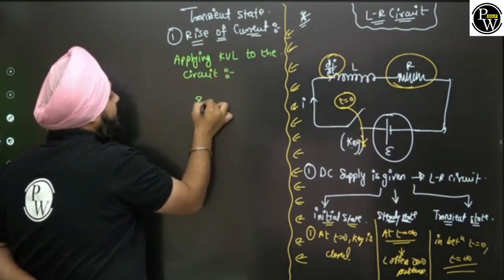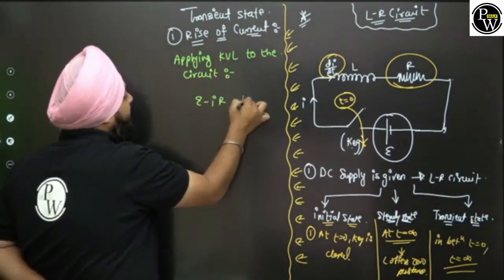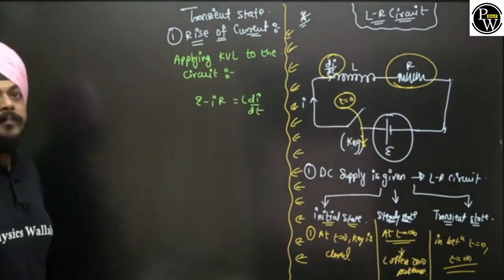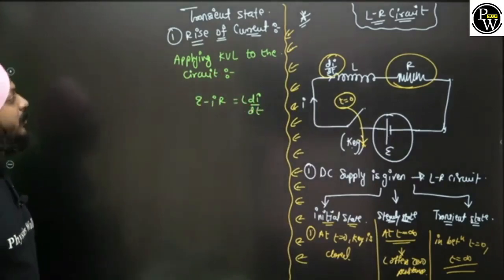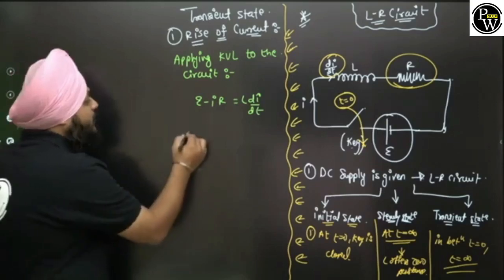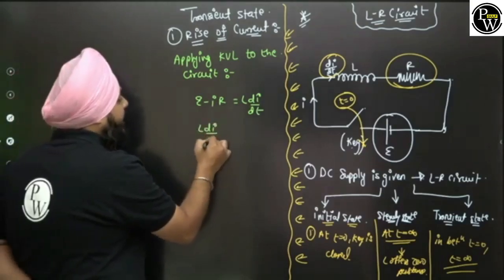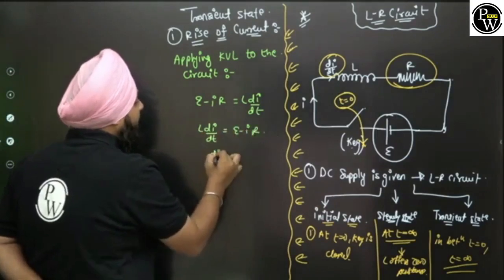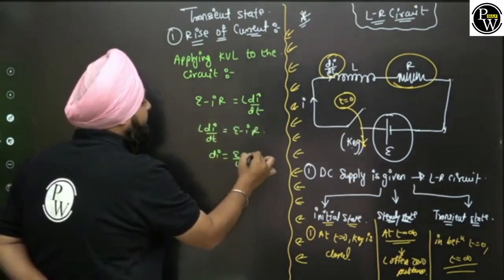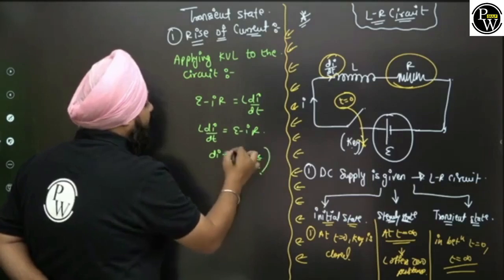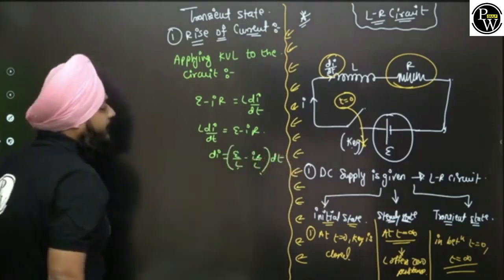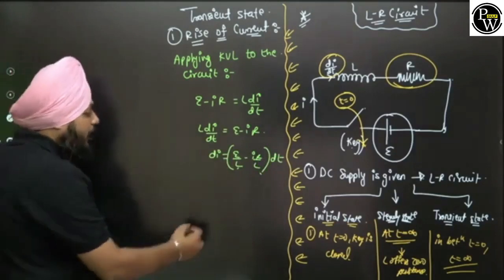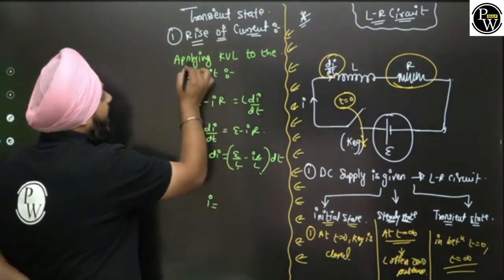Then E minus IR is equal to L di by dt. So L di by dt is equal to E minus IR. So di is equal to E by L minus IR by L, into dt. Integrating this and following some steps, we are going to get the rise of the current.